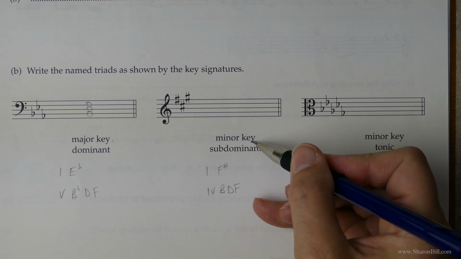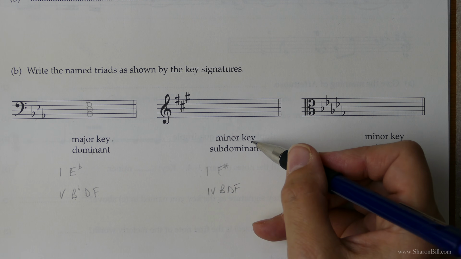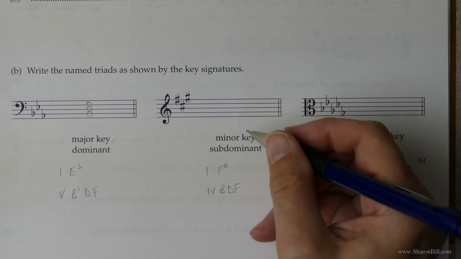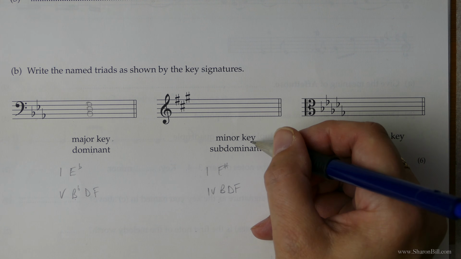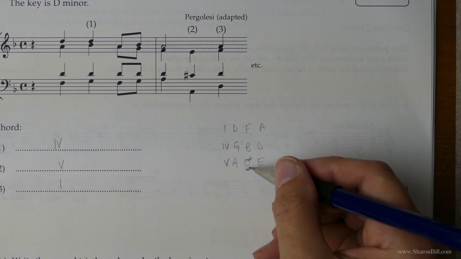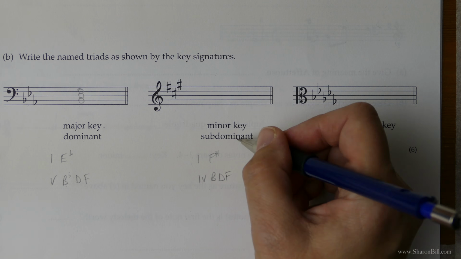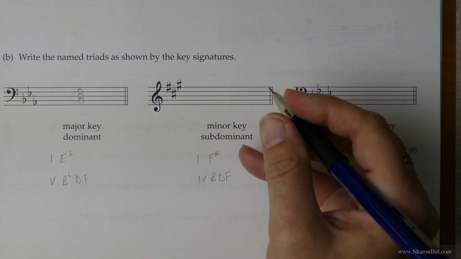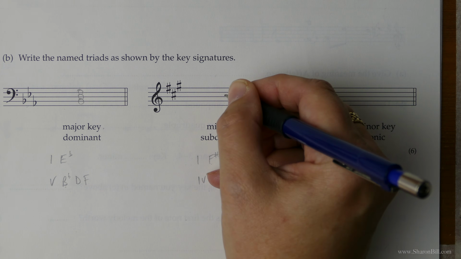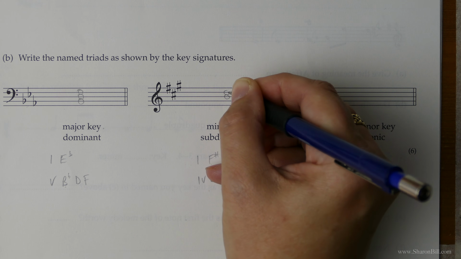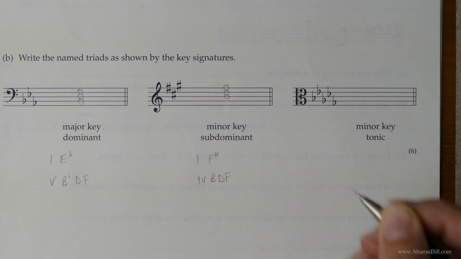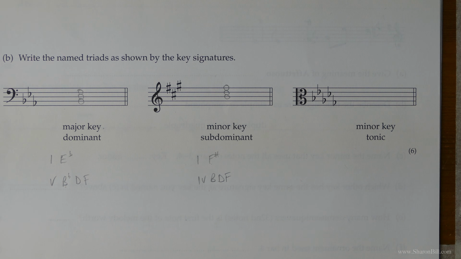In a minor key, the only thing you have to remember is to raise the 7th, which comes in chord 5. As we saw before, it comes in the middle of chord 5. However, we're doing chord 4 here, so we don't need to worry about any accidentals. So we just need to find note B and build our triad above that. So there's chord 4 in F sharp minor.